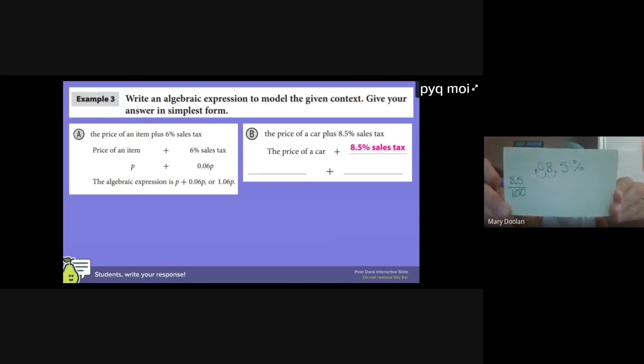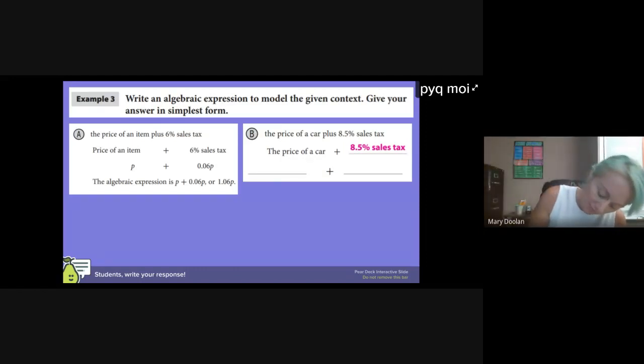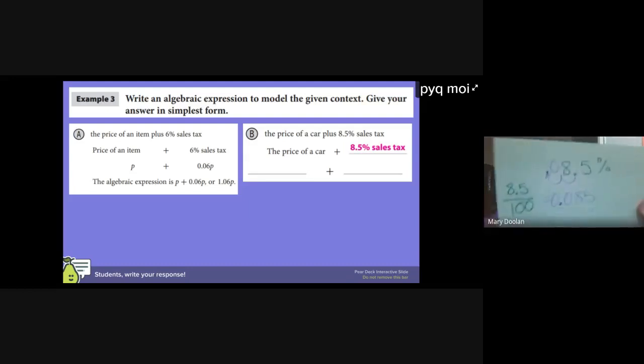So if I take my decimal point from where it's at and I divide that number by 100, it means I move the decimal 2 times to the left. So this is the number we're going to be working with. That decimal, 85 thousandths, that I have written in purple is equal to 8 5/10%.